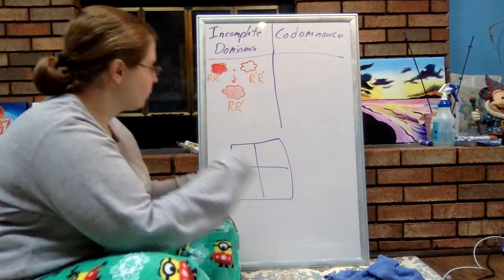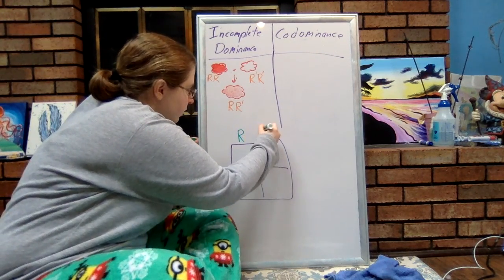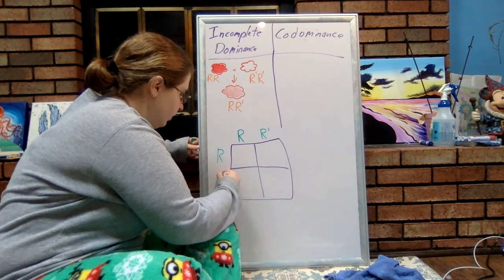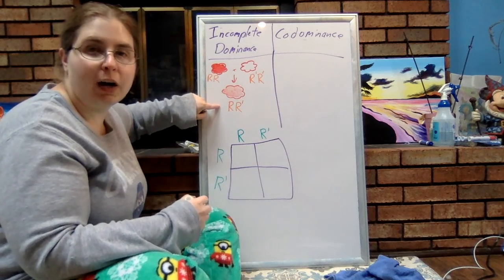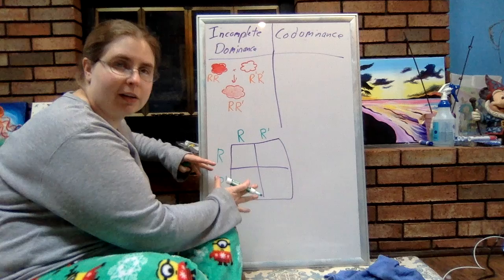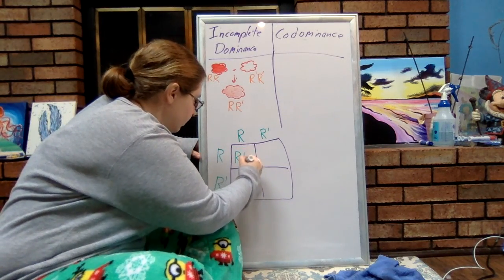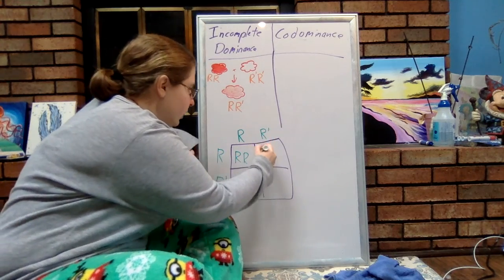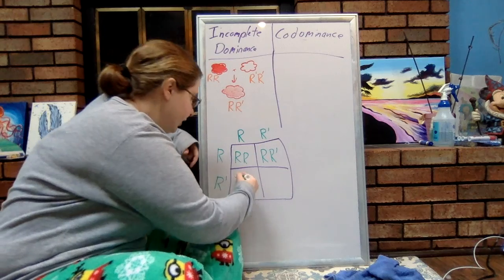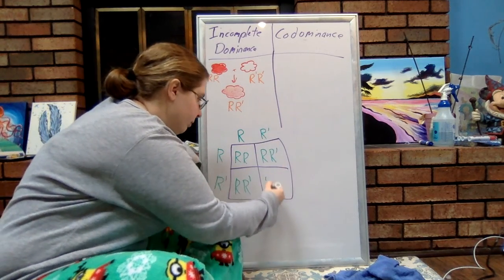So we have R R prime and R R prime. We're starting out with two pink flowers, and we're going to do our monohybrid cross just like before. So R, R prime, R, R prime, R prime, R prime.